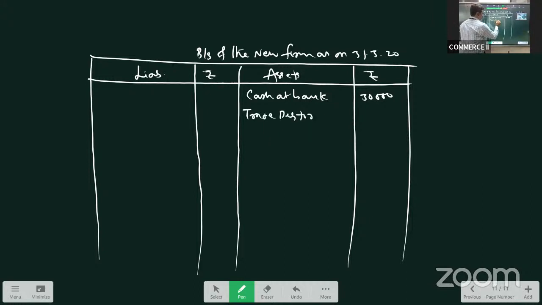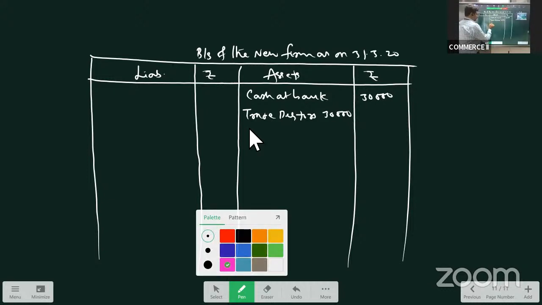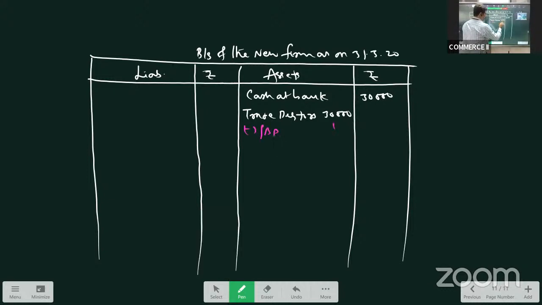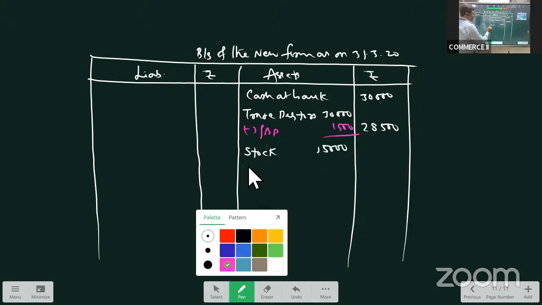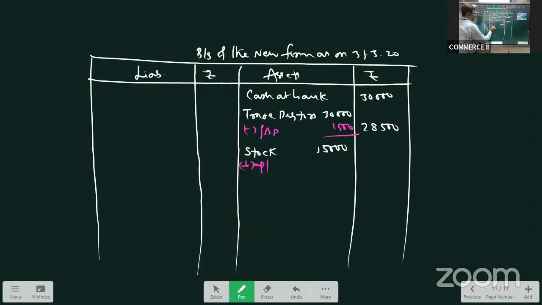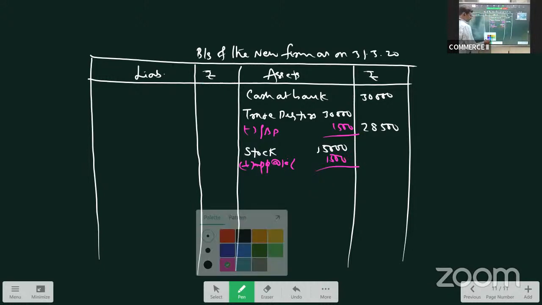No. Because we have created a provision of 5%, we will deduct that 1,500 and we'll take 28,500. Next is stock. Stock is appreciated. Stock 15,000 is given and there is an increase in the value at 10%, 1,500.